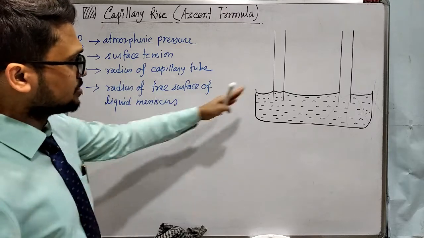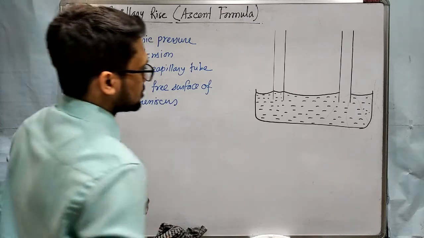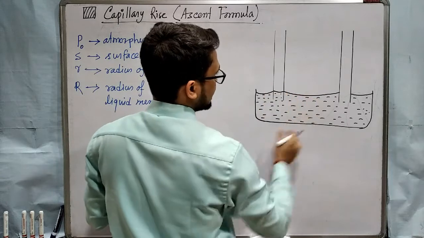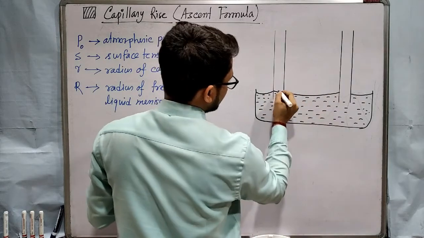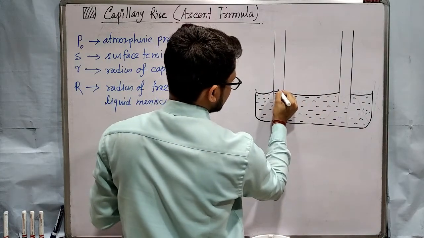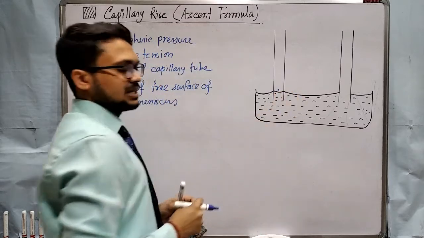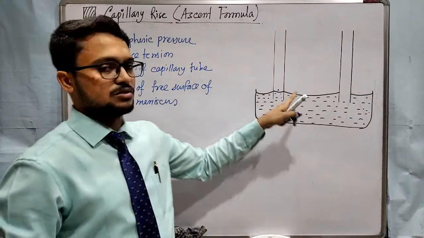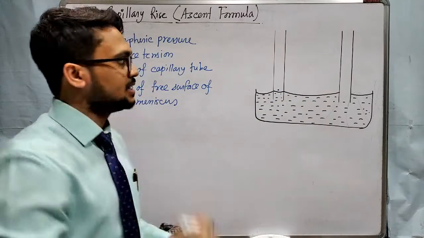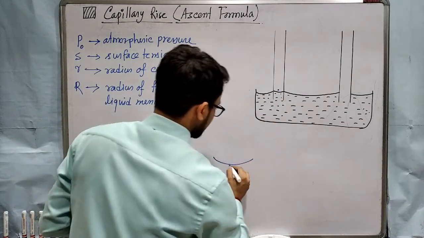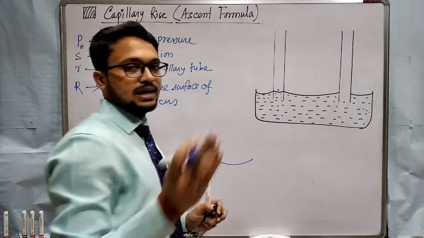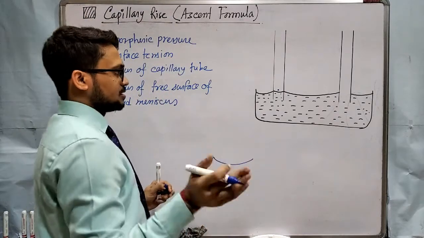Now come to here. This is the free surface. Forget about this part now. I am taking 2 points. One is just above the free surface of the liquid, where the surface will look concave up, because it is a water-glass contact.